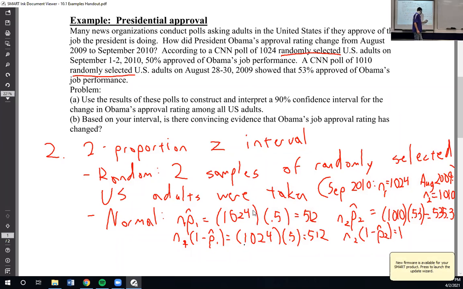That equals 1,010 times 0.47 instead. And so that's going to be 400 and something, 474.7.